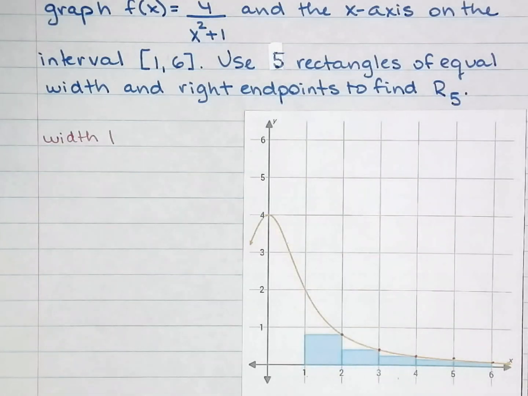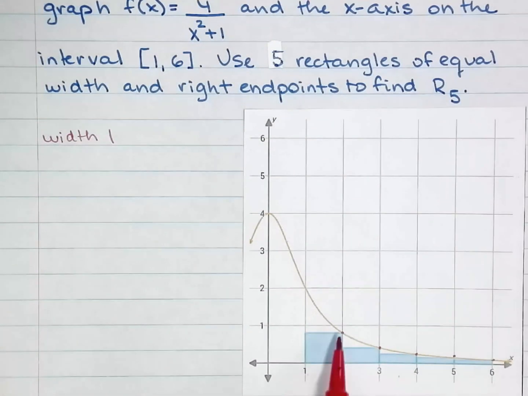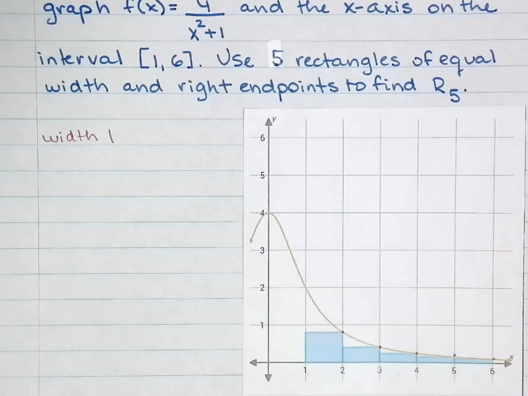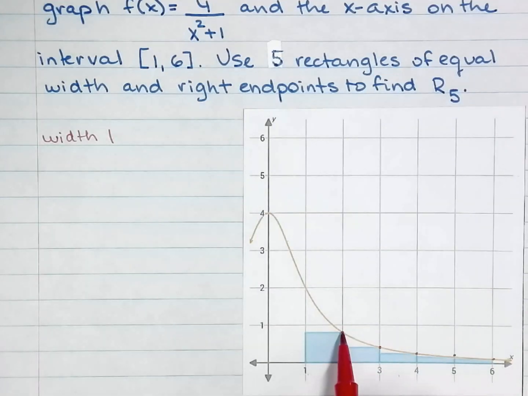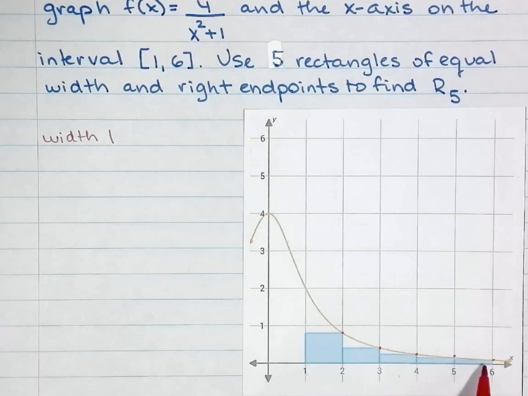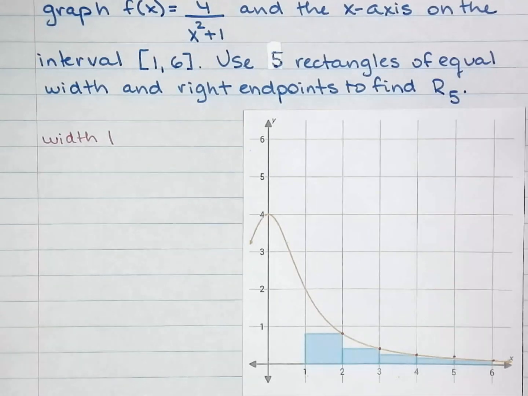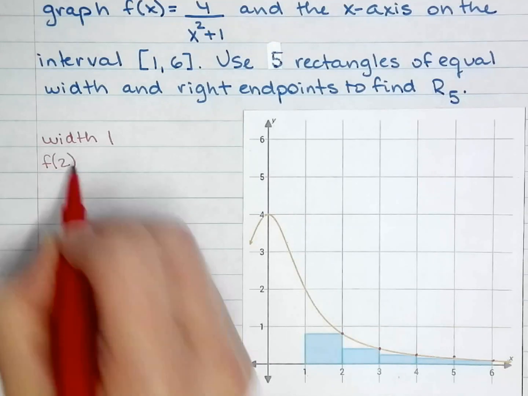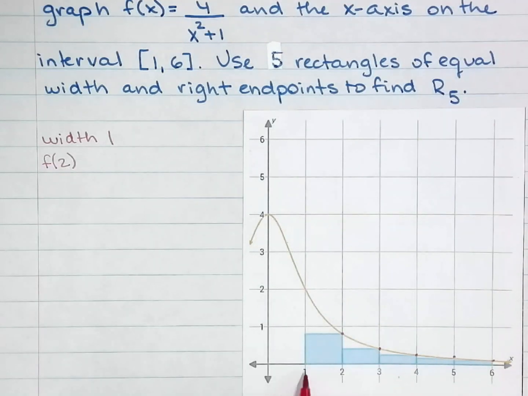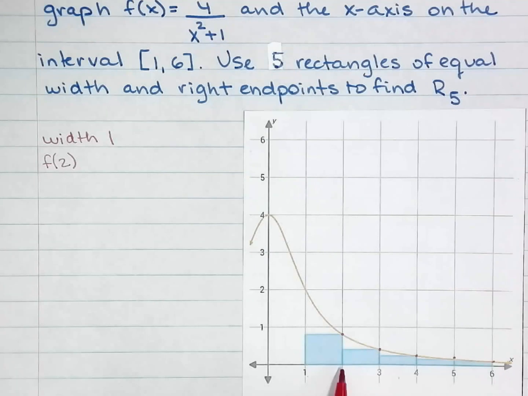Okay, off we go. So I like to start with the visual here, and even if the question doesn't give you the graph, just know that you can always go ahead and punch that in. So I will look for those points right there so I can calculate the area of each rectangle, and then I'll add them up to find R5. So I will use f of 2 because it's the right endpoint starting at 1, so the right endpoint will be right there.